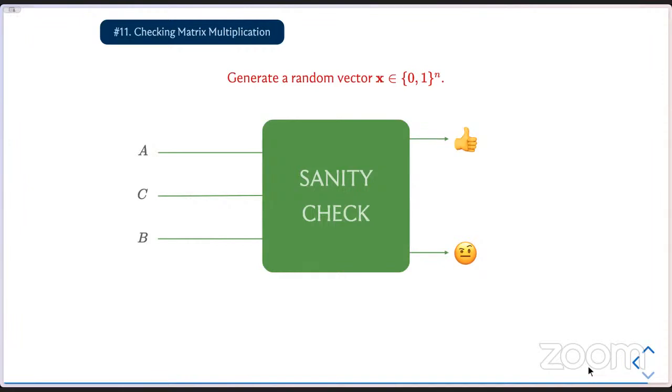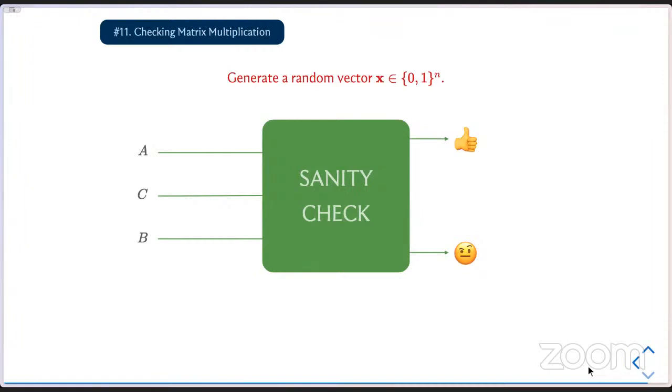So just for the sake of having something concrete, let's say that our matrices are over rationals. So we're going to generate a random vector X, which has entries 0, 1. It has n of these randomly generated entries.